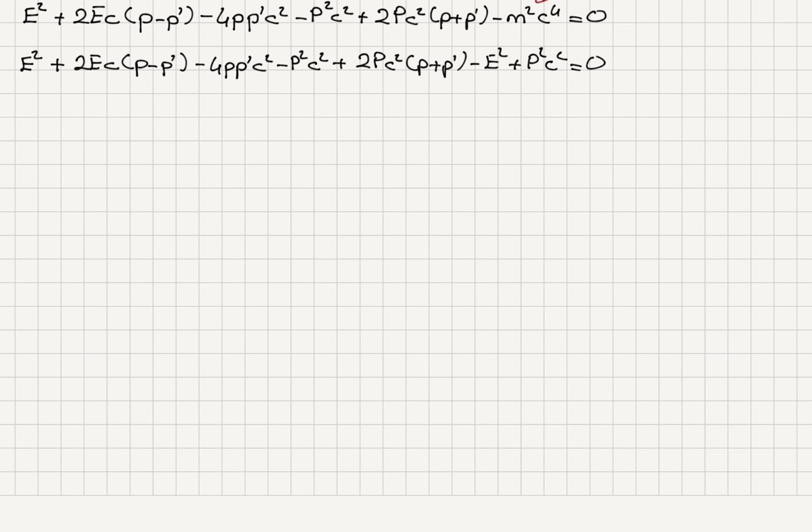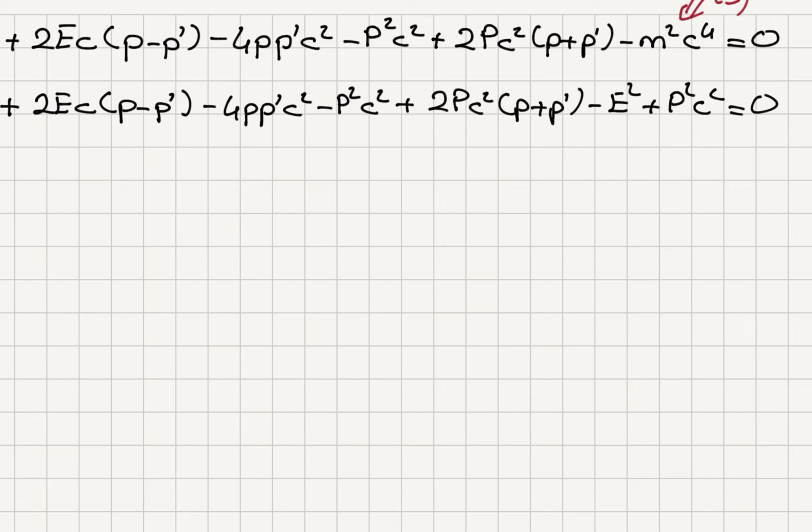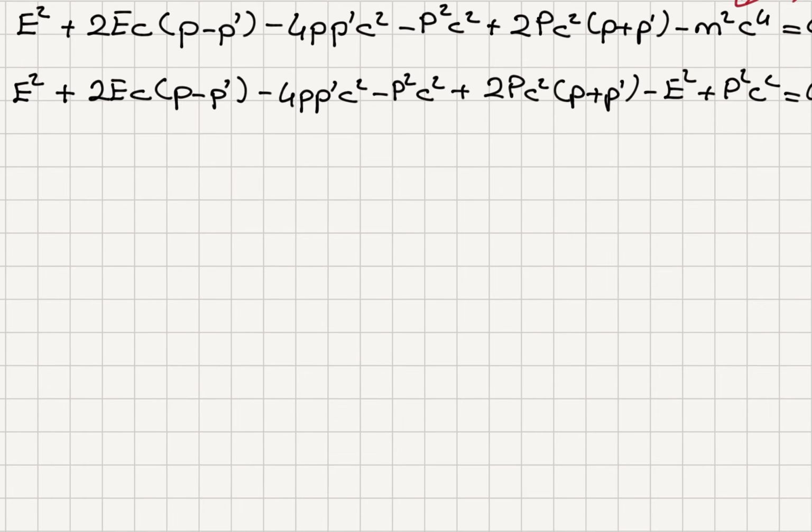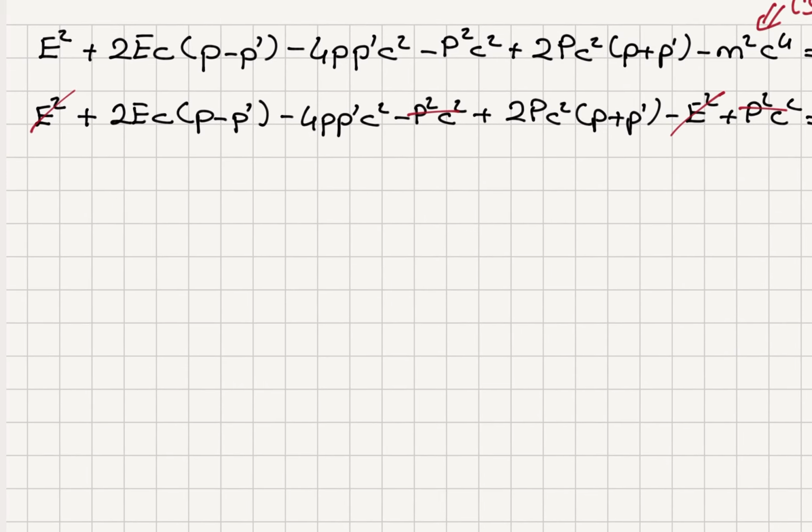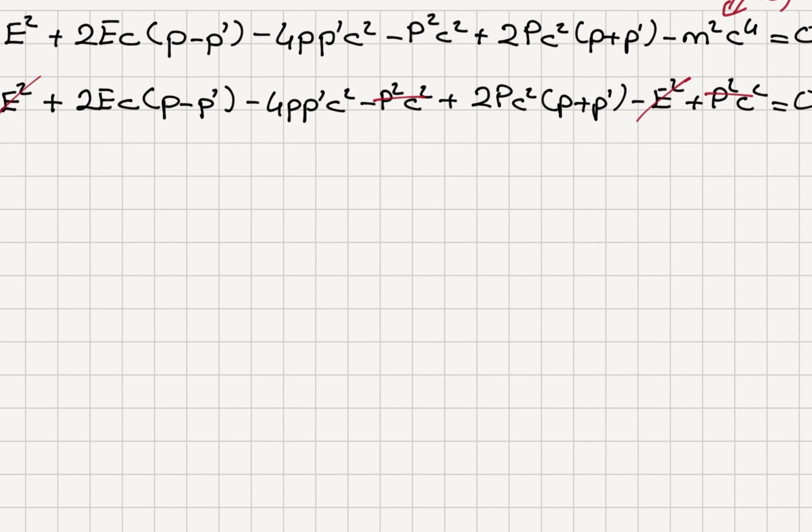Now you can see that I have further cancellations here. Capital E squared cancels, and then I have capital P c squared canceling out. So I'm left with, and you can see for the terms that are left over, I have 2, 4, and 2, so I can divide it by 2.